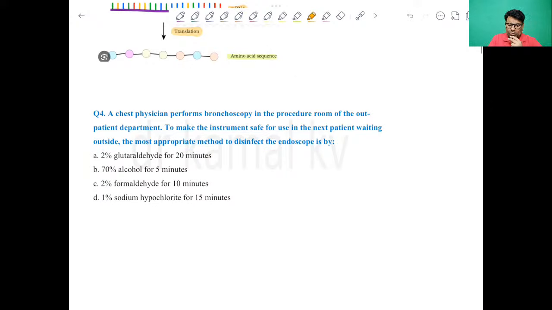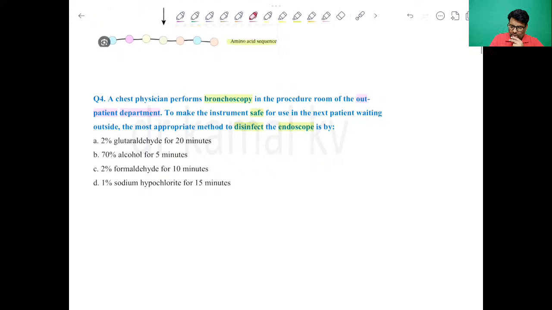Now next question, a chest physician is performing bronchoscopy in the OPD department, right? Now obviously there are many patients in the OPD, so he has to use the same instrument again and again. So to make the instrument safe for use in the next patient, what is the best way of disinfecting the instrument, right?